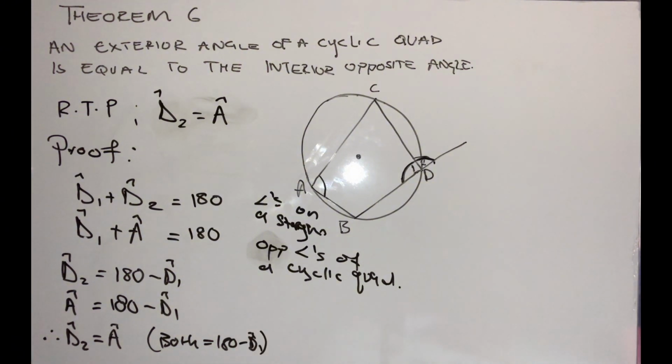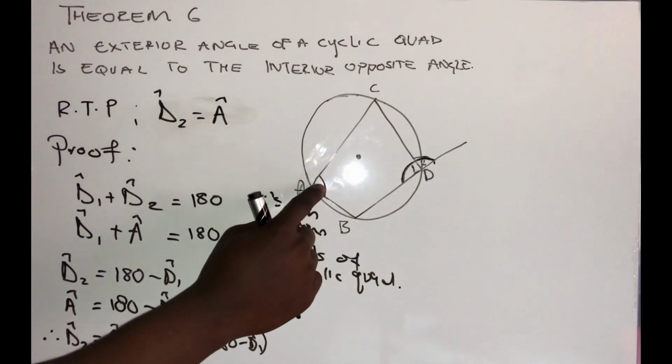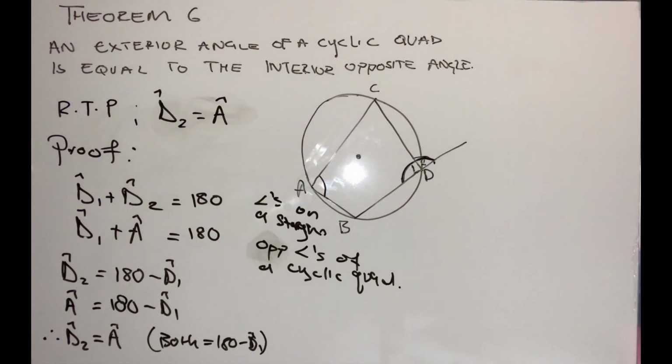So you have proved that this angle D2 is equal to angle A. So the theorem that states that an exterior angle of a cyclic quad is equal to the interior opposite angle of a cyclic quad stands, or it's valid.